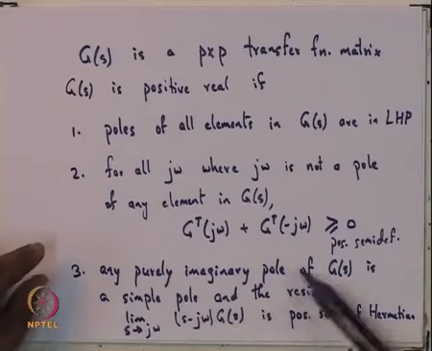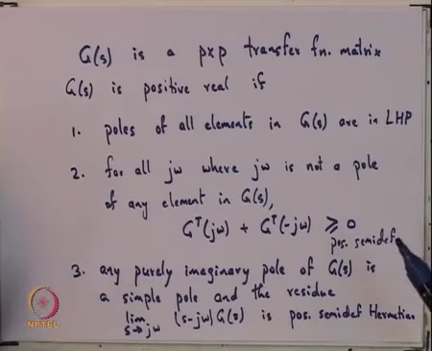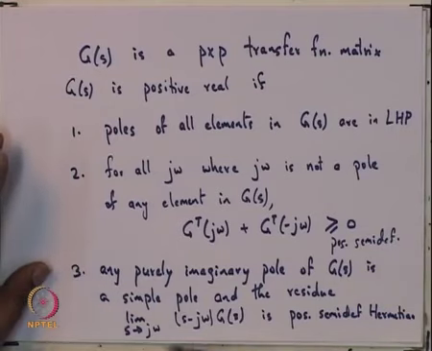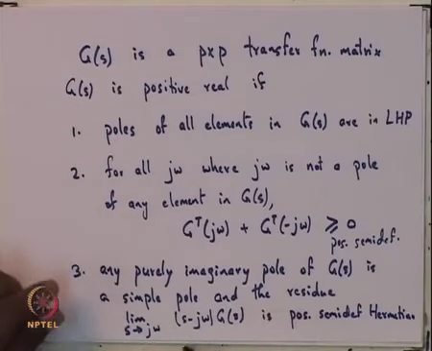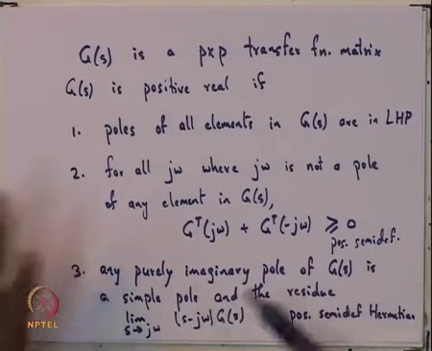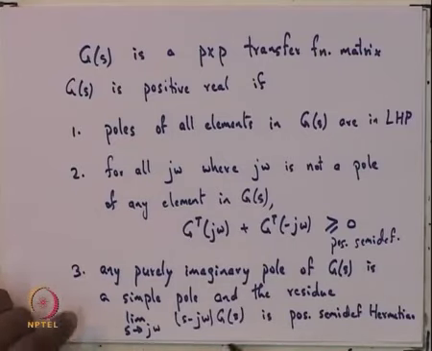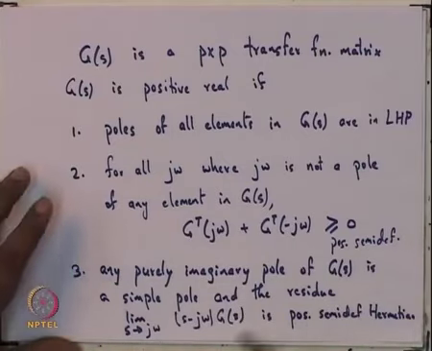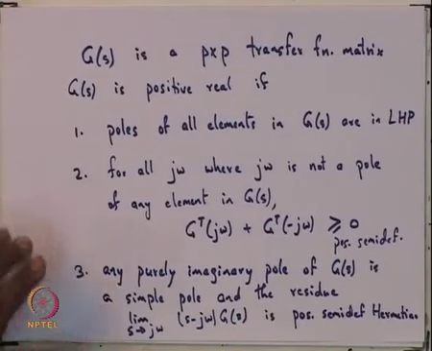In the scalar case, this is clearly true, but in the matrix case it is a bit more involved, and therefore, this condition makes its appearance. So, this is the definition for positive realness as far as matrices are concerned.